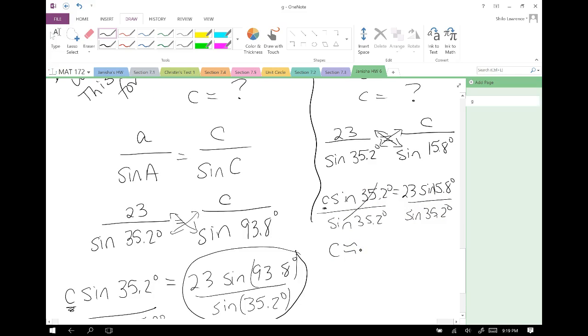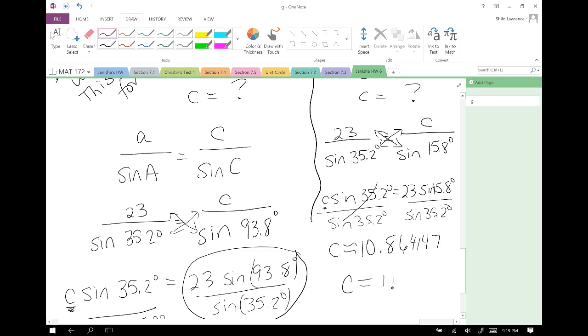So when I do this, 23 times the sine of 15.8 divided by the sine of 35.2, my calculator comes out with 10.864147, on and on and on. My Labs Plus wants it rounded to the nearest whole number, so we say 11.